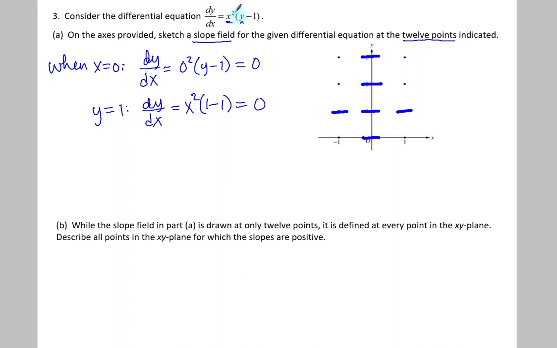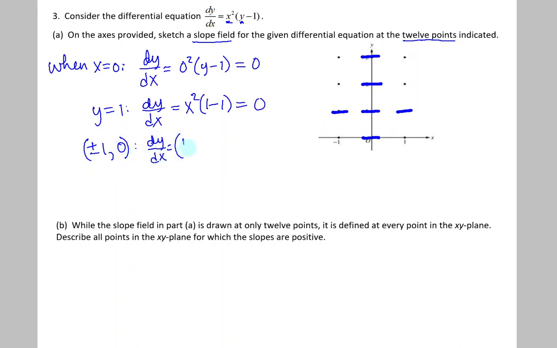Another pattern is because x is squared, it doesn't matter when I pick x equals 1, if I pick positive or negative 1, it will turn out the same. So let's say when x equals positive or negative 1, and we do need to pick a value for y at this point. So I'm going to say, at the points plus or minus 1, and then the y coordinate 0. So at these points, I also need a slope value.